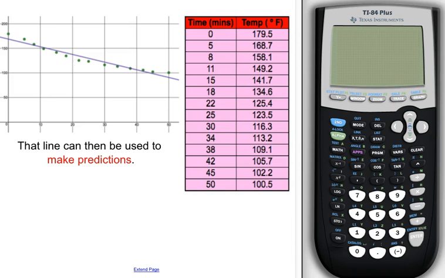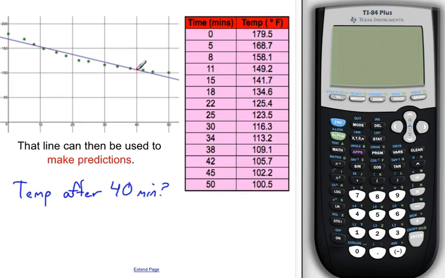For example, let's pick something we definitely don't have here. What's the temperature after 40 minutes? We can see that we don't have 40 in our chart, so we don't have that information readily available. What we can do, though, is on our graph, start at 40 minutes on the x-axis.